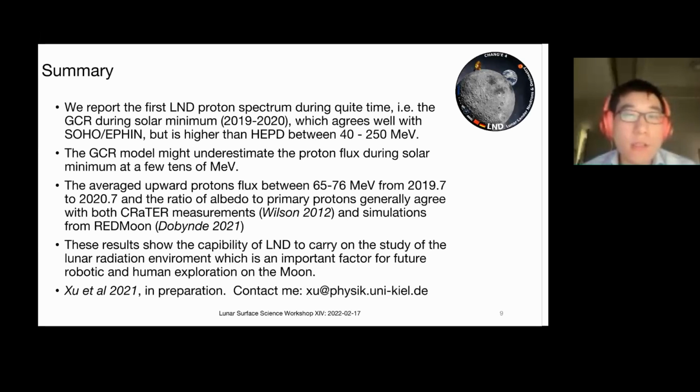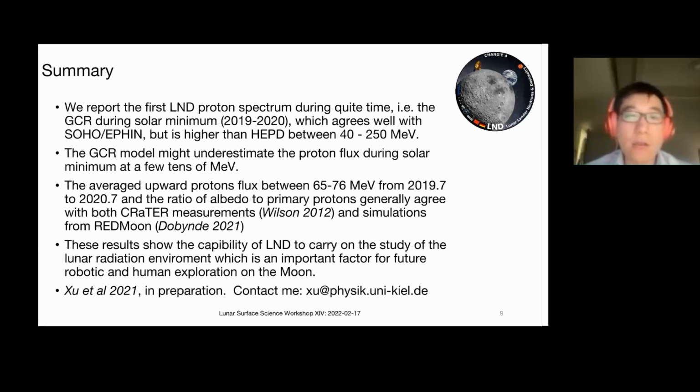In this study, we first report the LND proton spectrum during quiet time, and it agrees well with SOHO, and the GCR model might underestimate the proton flux during solar minima. The average upward proton flux between 65 and 76 MeV during the solar minima agrees well with the CRaTER measurement and the simulation from the Reed-Moore model.